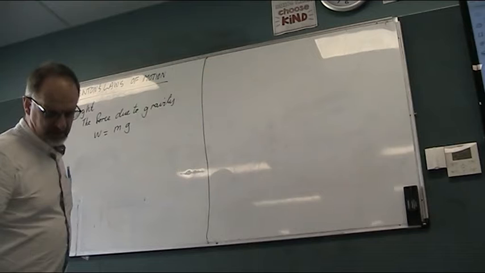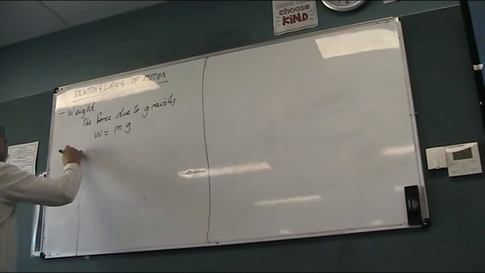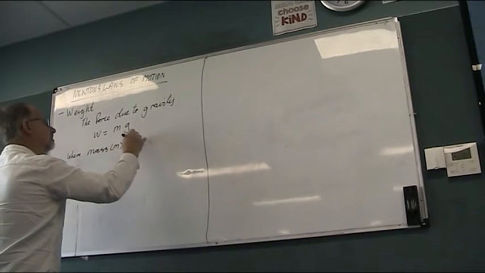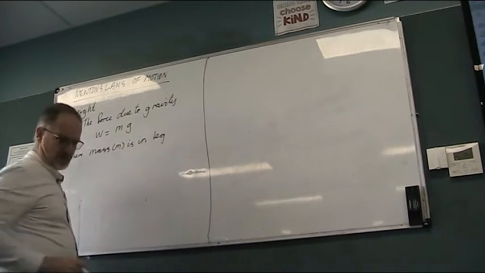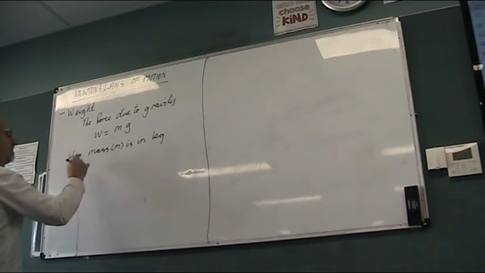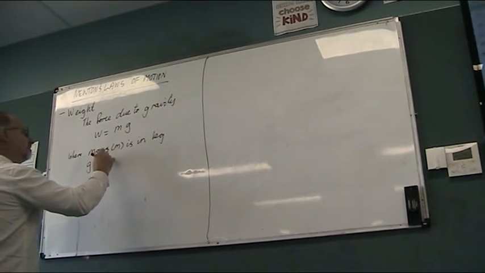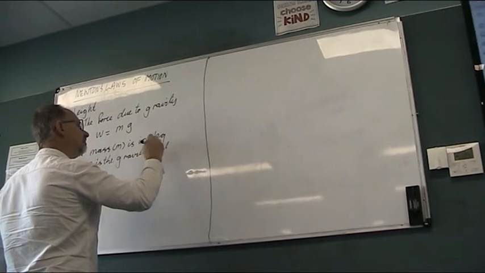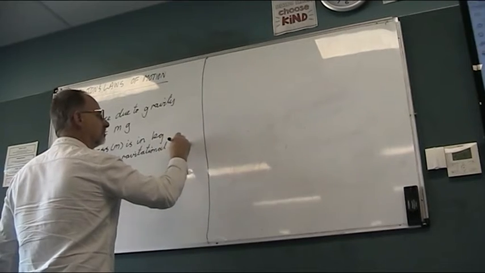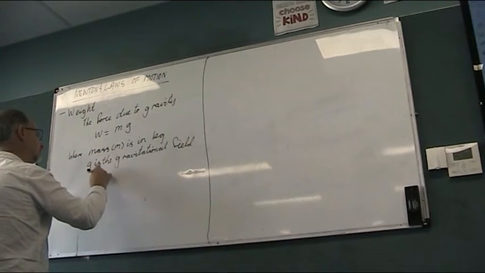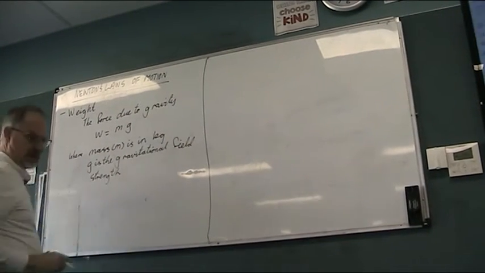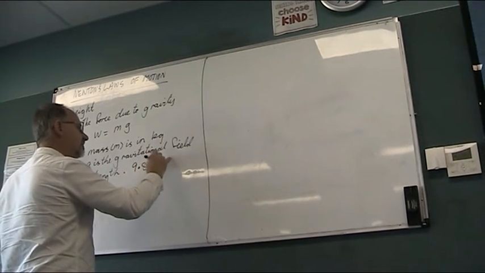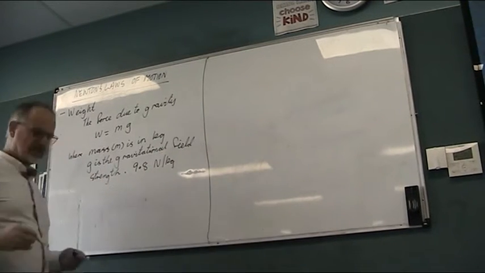Right. And of course the mass is in kilograms. And g is the gravitational field strength. And that's 9.8 newtons for every kilogram.